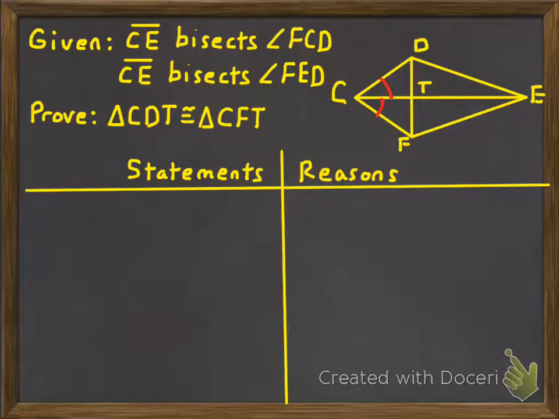And the fact that segment CE bisects angle FED over here would indicate the angle DET is congruent to angle FET. All right, now keep in mind what we're ultimately trying to do is we're trying to prove that this triangle and this triangle are congruent to one another. I'm going to highlight those real quick.